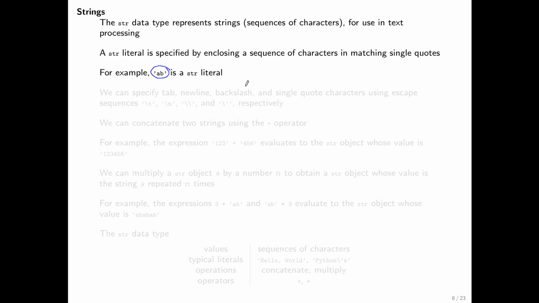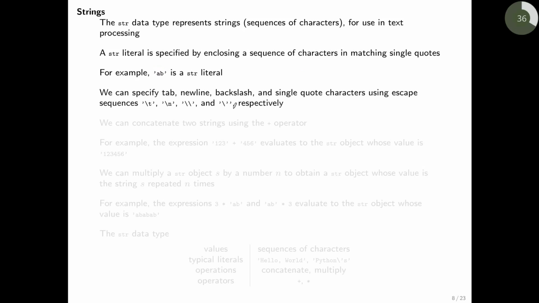Similarly, what we saw in the previous section, hello world, is also a string literal, since it is embedded in matched single quotes. Now, you can specify the special tab, new line, backslash, and single quote characters using what are called escape sequences.